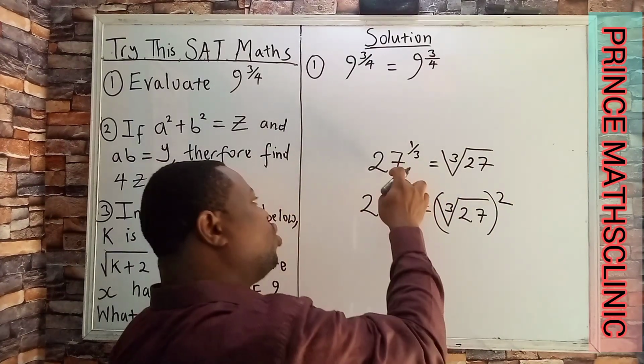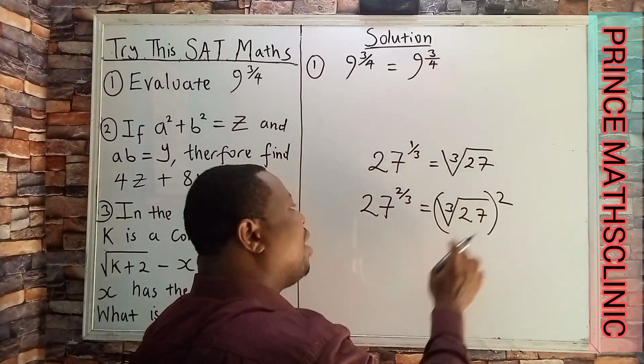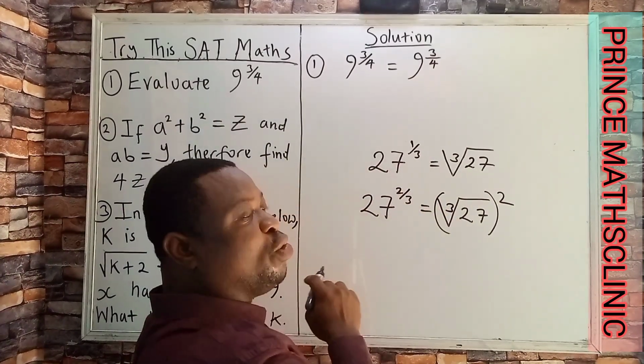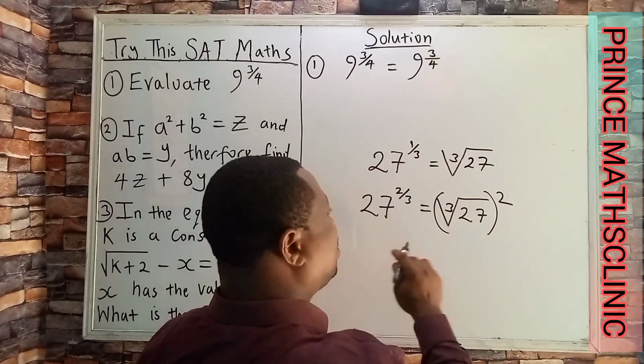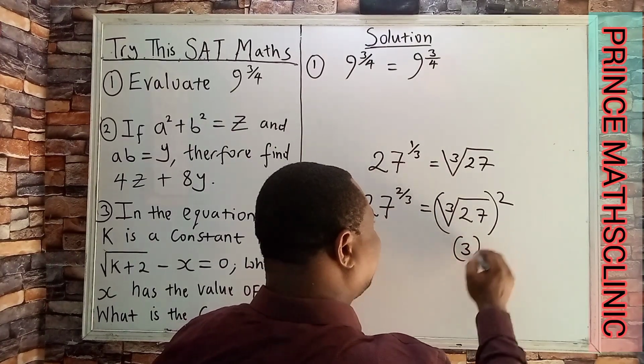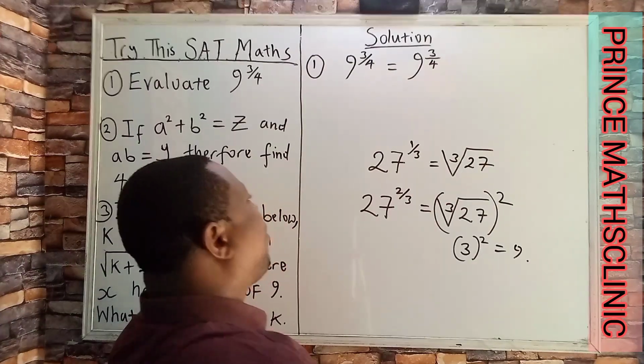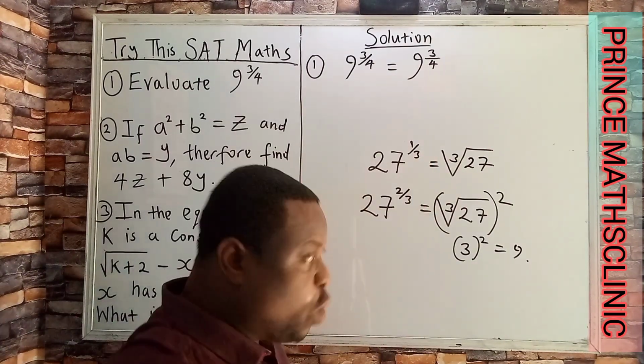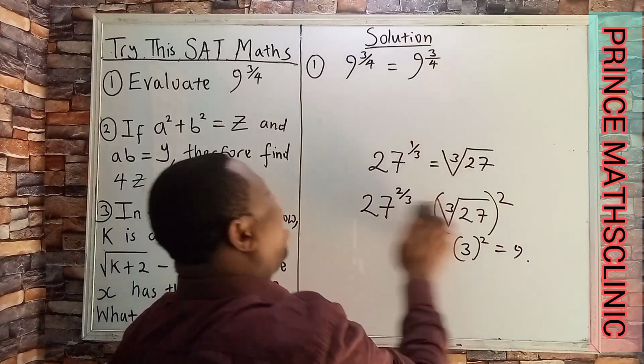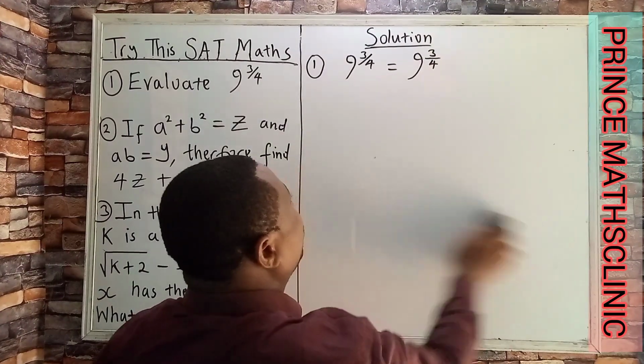That is why I said the numerator talks about the power, while the denominator talks about the root. So the cube root of 27 is 3, and 3 squared is 9. Right? So we are going to use that approach while attempting to break down the question.